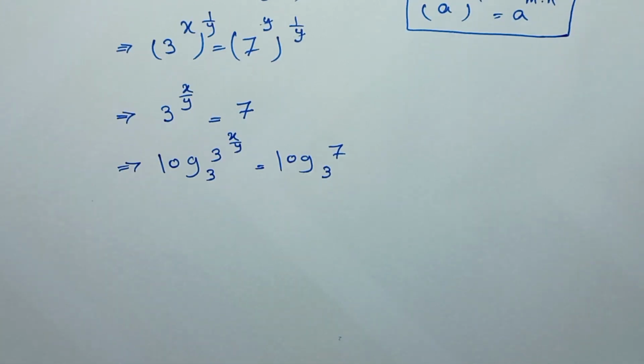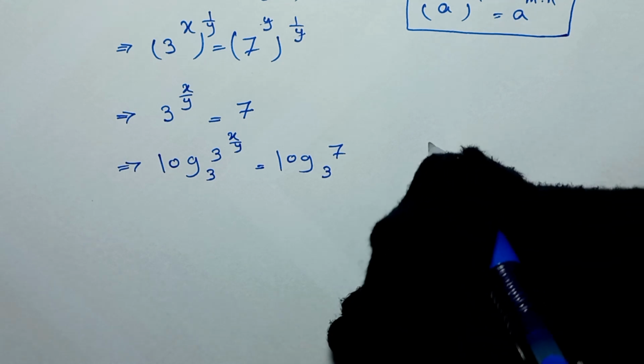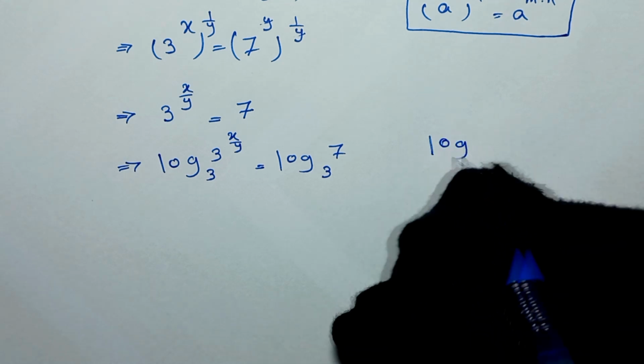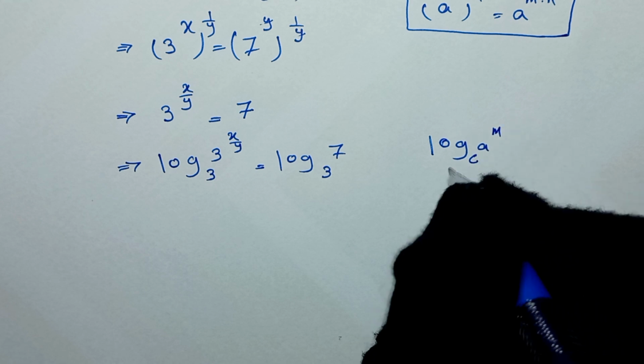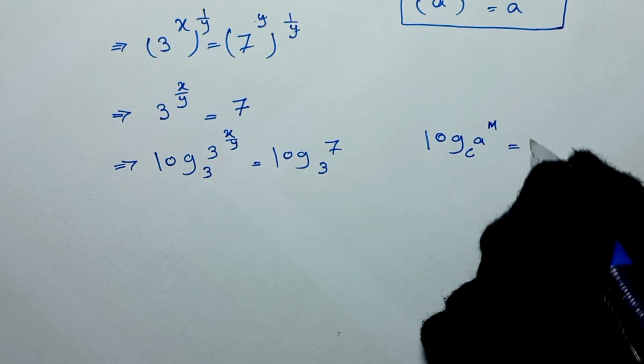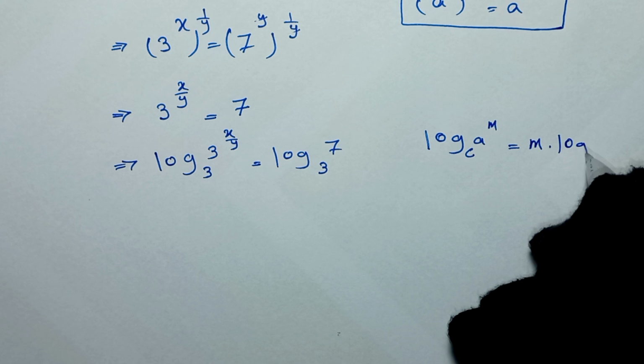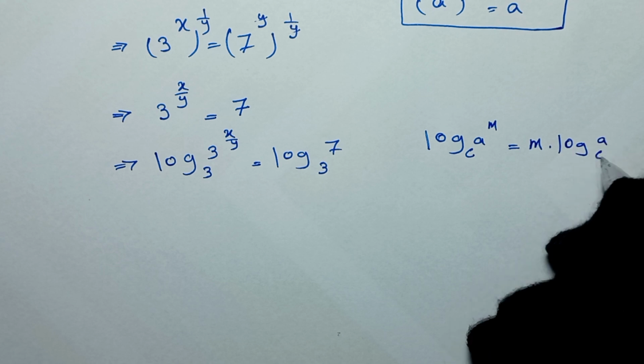So, from log rules, if we have log of a to the power of m to base c, we can write this as m times log of a to base c.